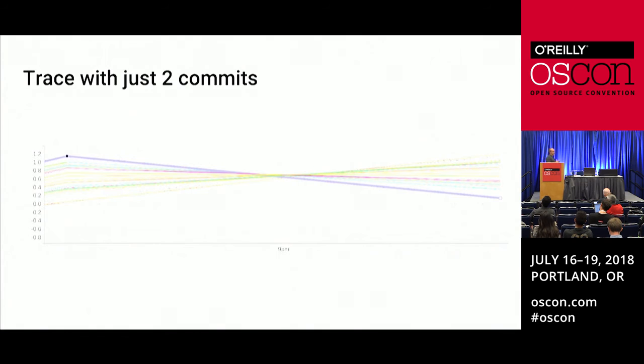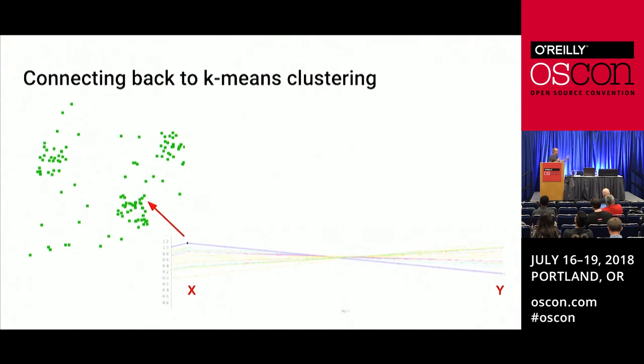So think about this. Let's back up a little bit. This is just the last 2 points of that trace, right? We already had a little experiment we did with 2 points, which was that clustering, right? If I could say 1 point was the x and 1 point was the y, I could actually map it into that 2D grid. So if I just had a trace with 2 points, I could map the 2 points into the x and y's. That gives me a point in the grid.